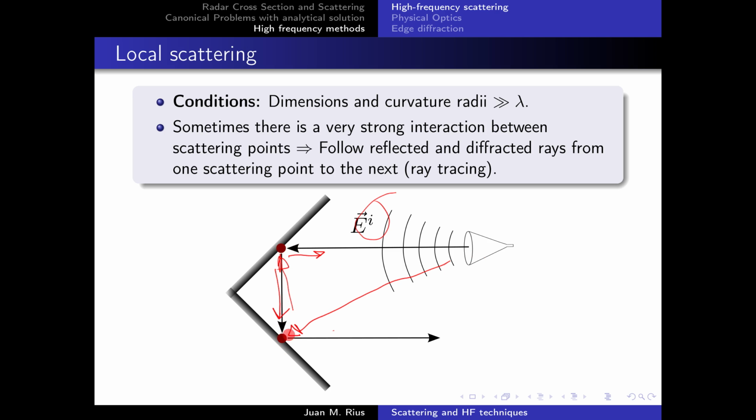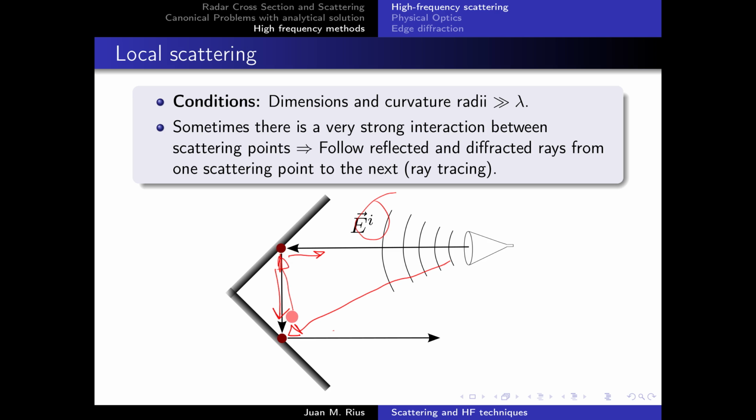And at the bottom point, we have the incident field due to the feeder and the incident field due to the reflection at the upper point. So what we do is we trace rays. This is a ray tracing procedure. We trace rays following the different multiple reflections, and we account for all these rays as incident field on the remaining points of the target.